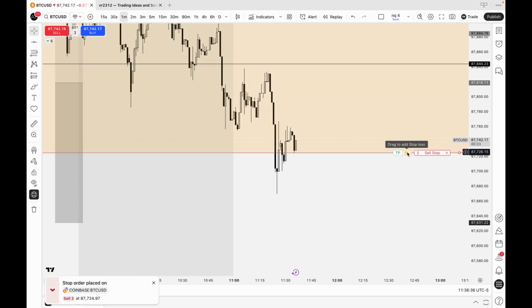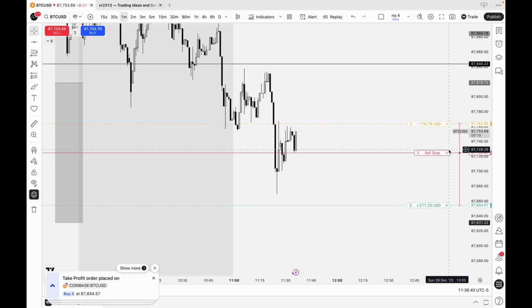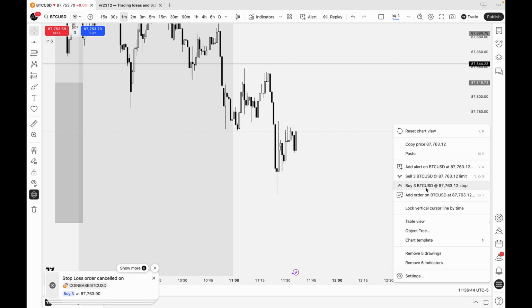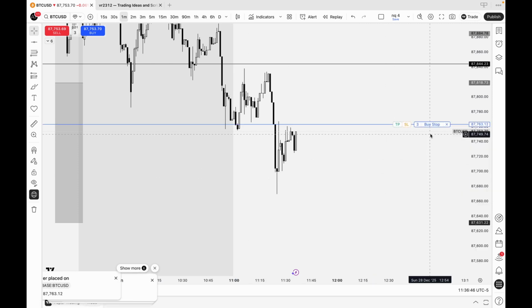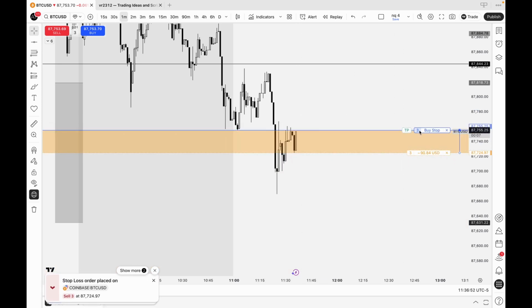This would enter me into a position right when price hits this level. If I wanted to place a stop buy order, I would go here, press this, and take this position. Once price reaches this level, it immediately triggers me into my position.